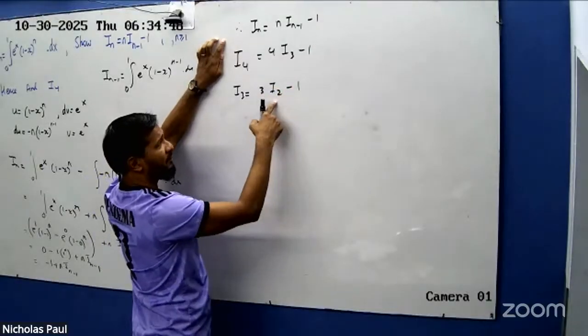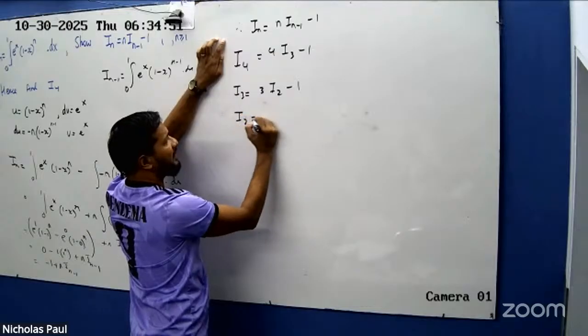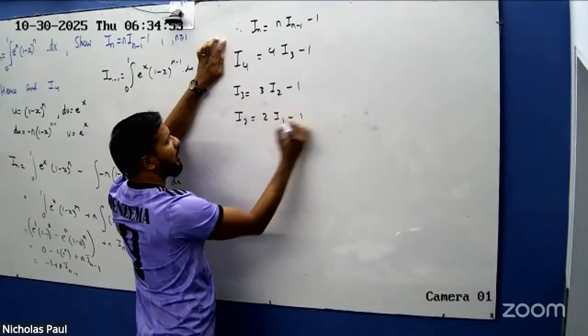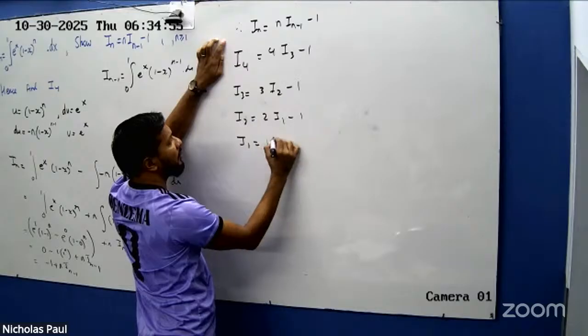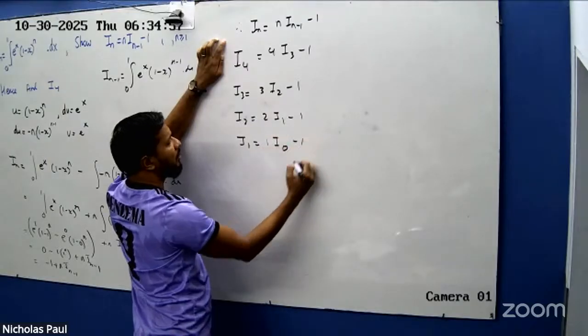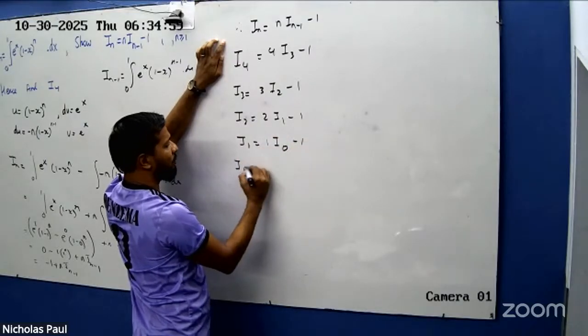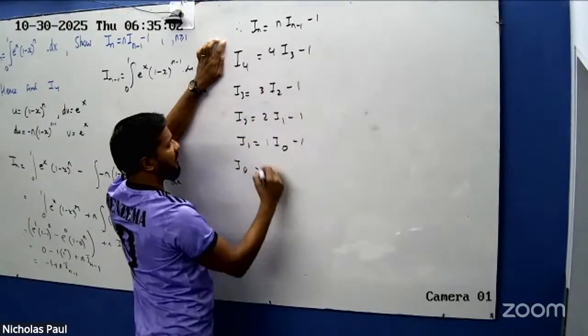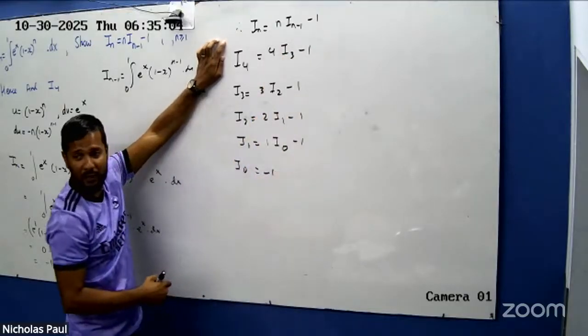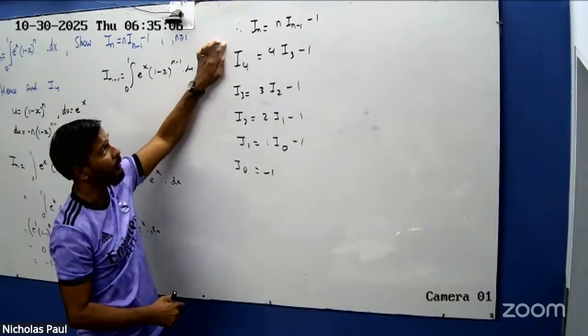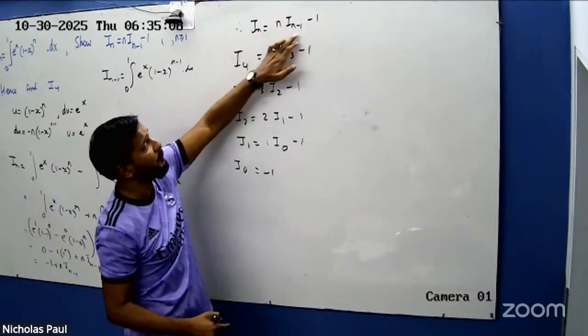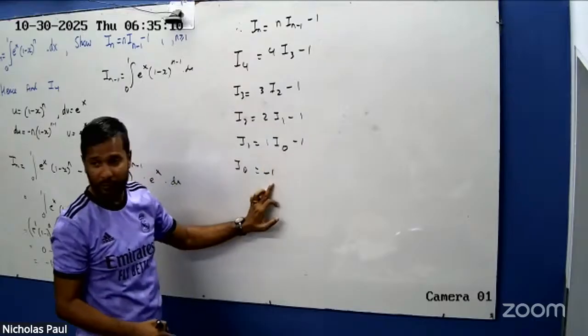So I have I2 there. So now I need to get I2. Now I need to get I1. Right? Now I need to get I0. Put 0 here, that'll give it 0. So I got I0 to be minus 1. When I put 0 here, this whole thing becomes 0, and I'm left with minus 1.